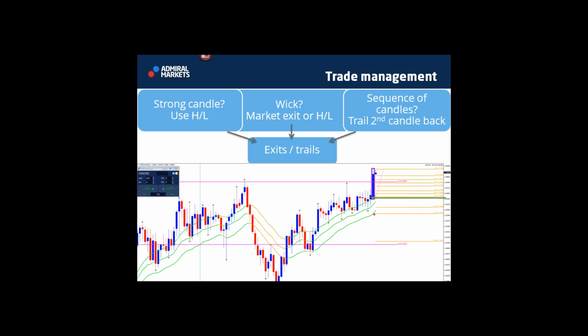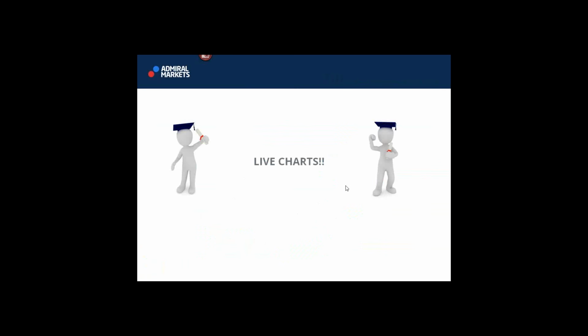So if this is the current open candle, let's say it's a doji at the moment, and there were, I don't know, like 6 bullish candles before that, what I would do if I want to make sure I don't risk any more is go 2 candles back, so not the first one but the second, and put the trail stop below that candle low. So not the previous one, but the one before that.